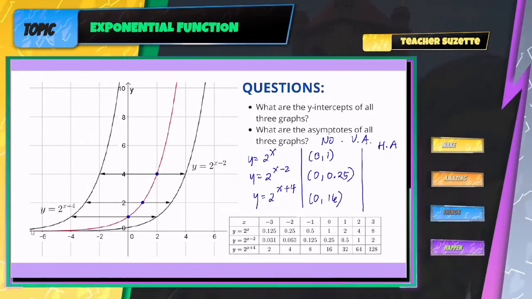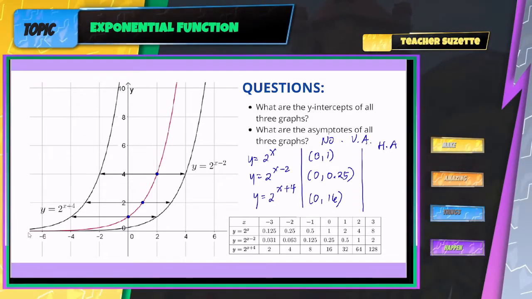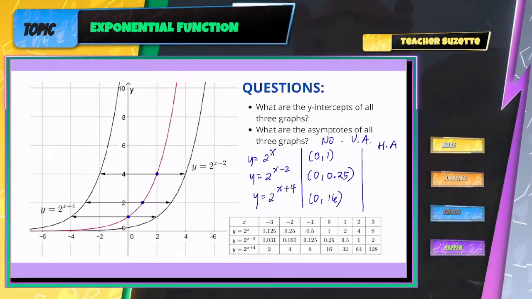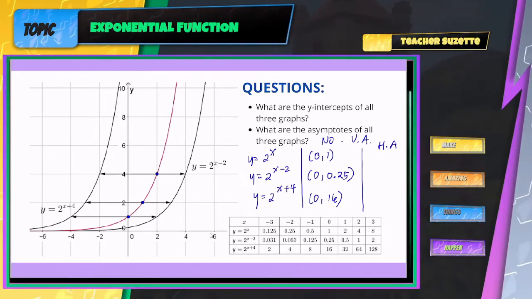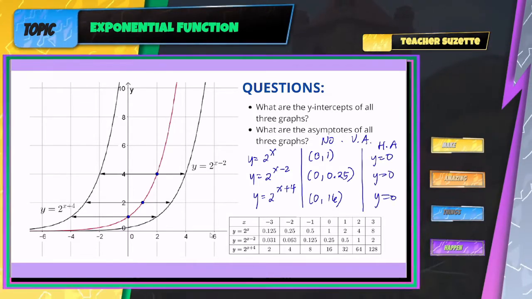However, mapapansin mo na they are just approaching a particular line which is yung x-axis natin. Or particularly, this is the line y is equal to 0.